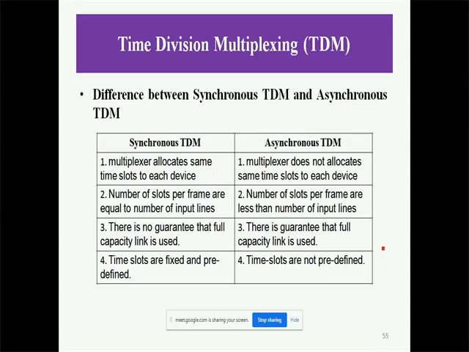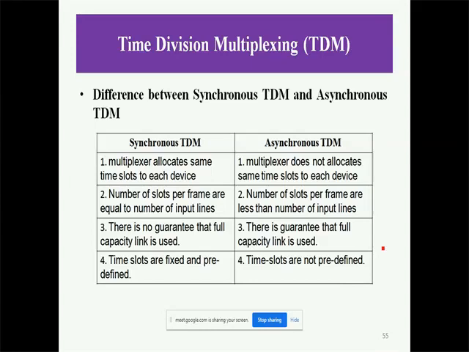In synchronous TDM the number of slots per frame is equal, but in asynchronous TDM the frame sizes are different. The number of slots per frame is less than or equal to the number of input lines.